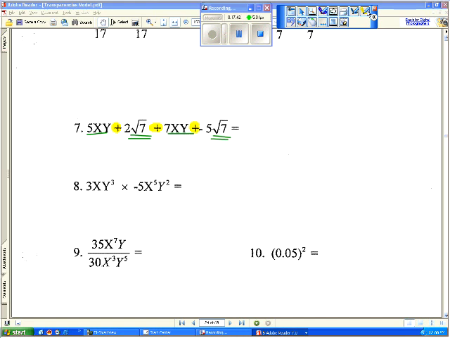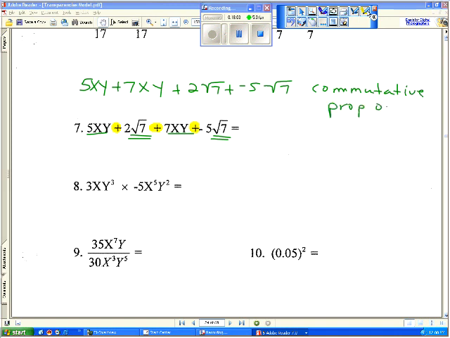which means we could rewrite this as 5xy plus 7xy plus 2 square root of 7 plus negative 5 square root of 7 using the commutative property of equality. That's what it says on page 2.